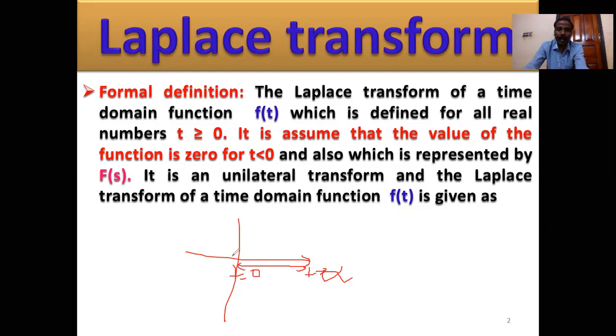But it is assumed that the value of the function is 0 for t less than 0, that is, down to t equals minus infinity. In this region, the value of the function is 0.